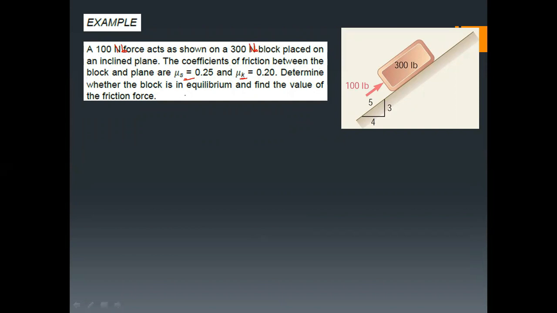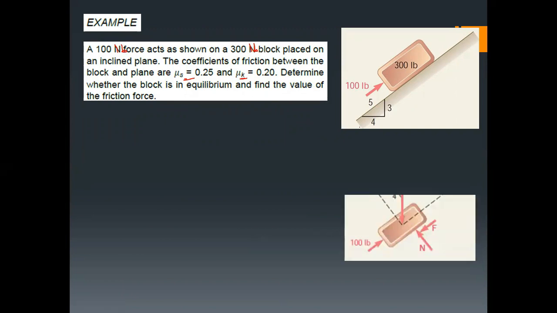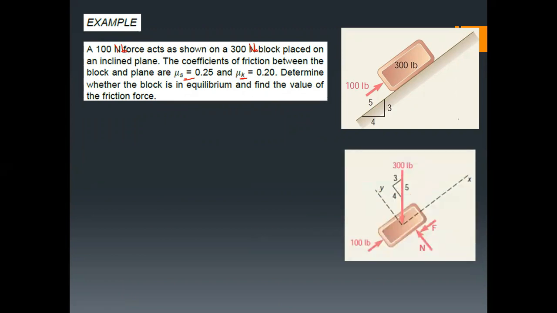Determine whether the block is in equilibrium and find the value of the friction force. So, a simple free body diagram again. You have to think about which is easier to get. We have a normal force, and it's just a summation of forces, wherever you can get it easily. Given 100 pounds, we have FM and FA, the maximum.